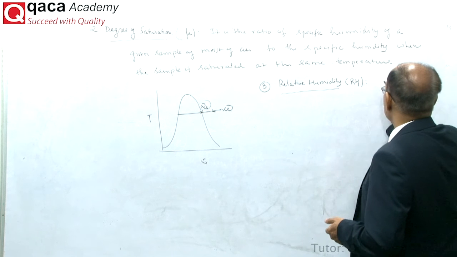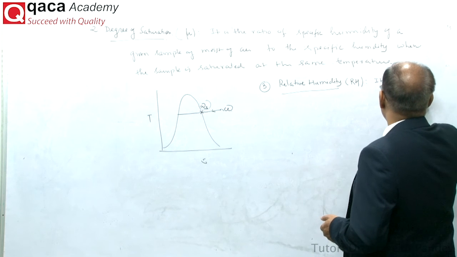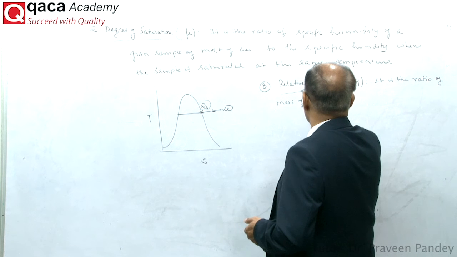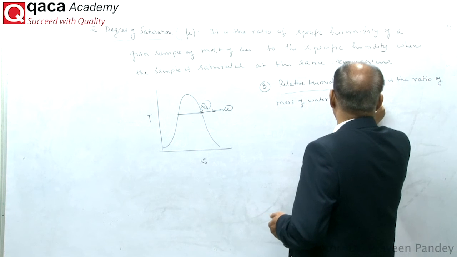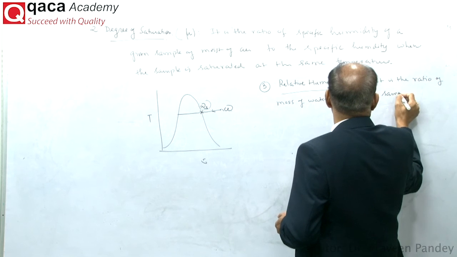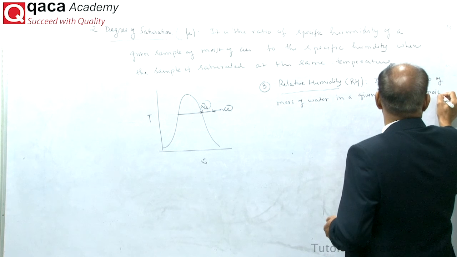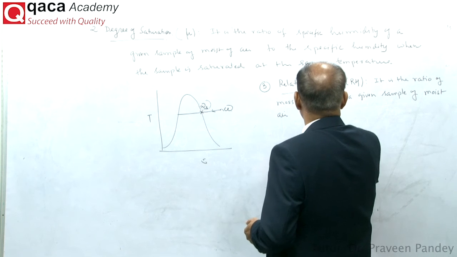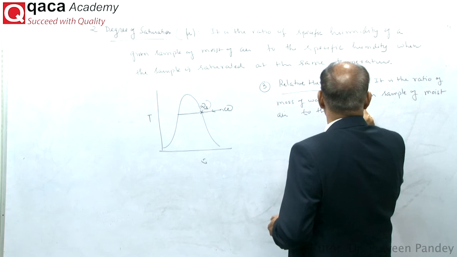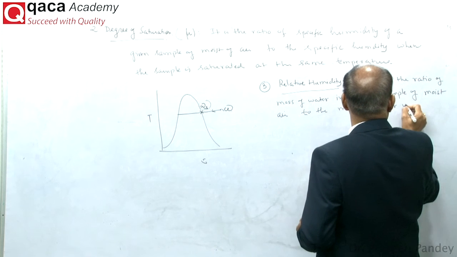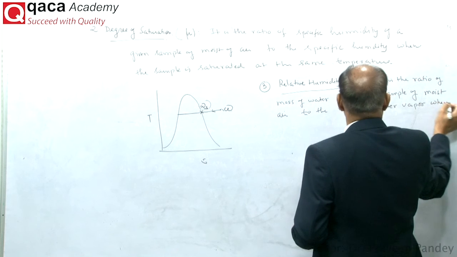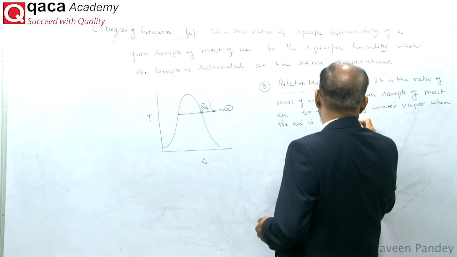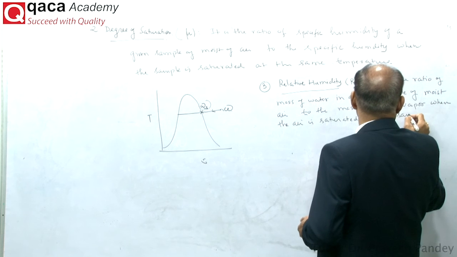The definition of relative humidity is the ratio of mass of water vapor in a given sample of moist air to the mass of water vapor when the air is saturated at the same temperature.